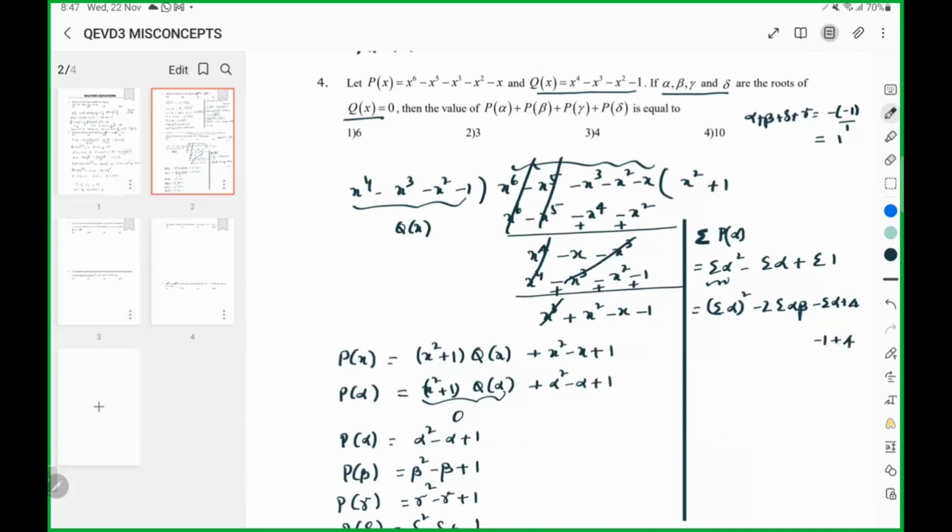And from the same equation, sigma of alpha beta is minus 1. Then here you will have minus 2 times minus 1. Sigma alpha we already calculated, minus 1 whole square, 1 plus 2 minus 1 plus 4, which is equal to 6. First option is correct.